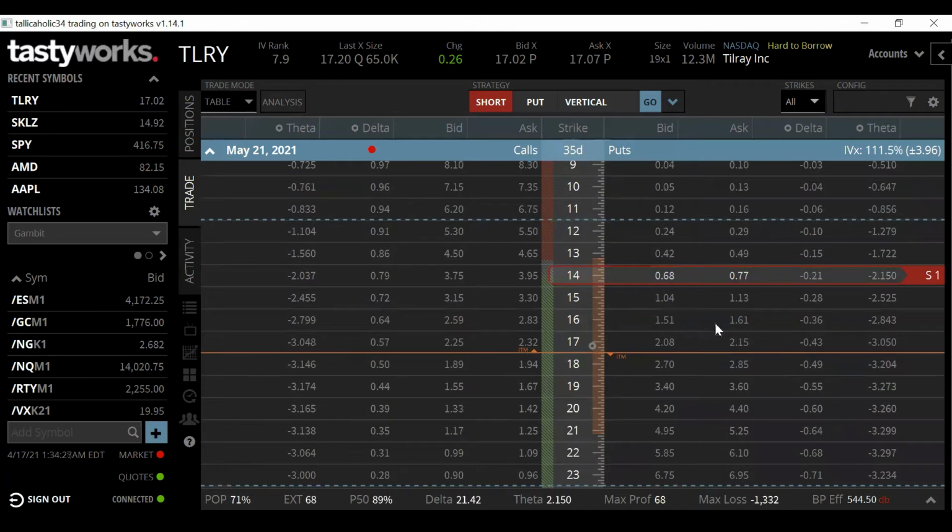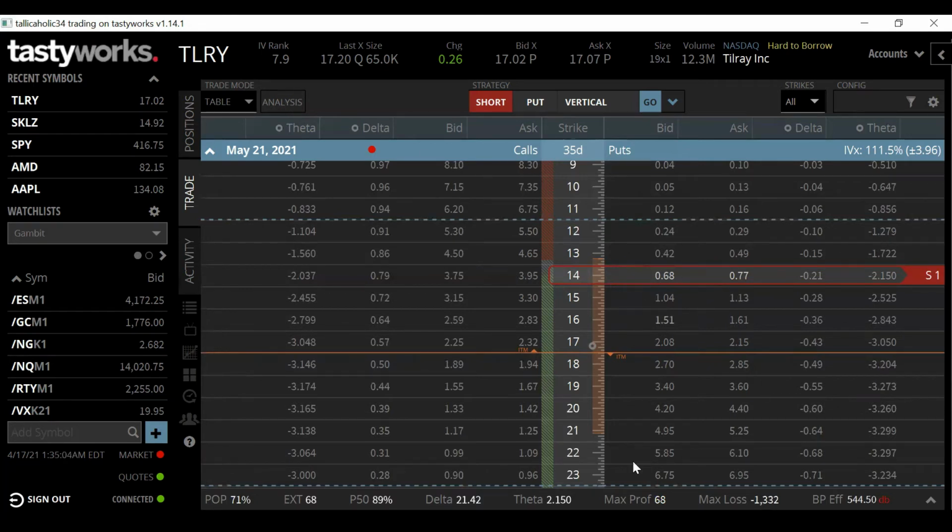Well, basically, when we sell options, remember that we are obligated to purchase 100 shares of the underlying if we do get assigned. When we buy puts, the put buyer has the right to sell those 100 shares of the underlying, and the put sellers are obligated to purchase them. So if Tilray was to go in the money here, so Tilray is going to go below 14, we would be obligated then to purchase 100 shares of Tilray at 14 bucks.